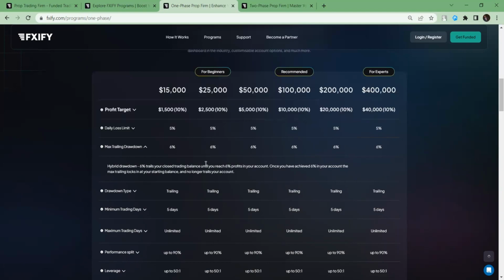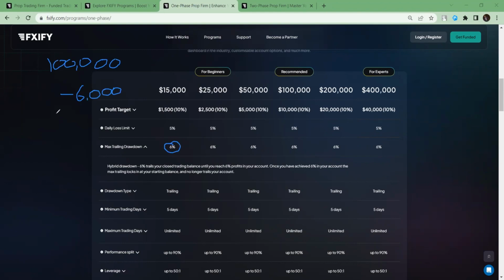What they're trying to say is, for example, you're having a 100K US dollars account, and your drawdown is 6%, which is 6,000.